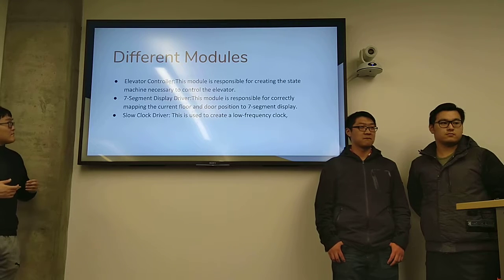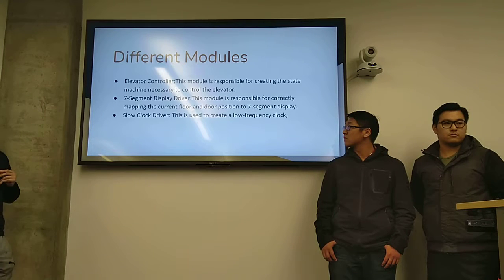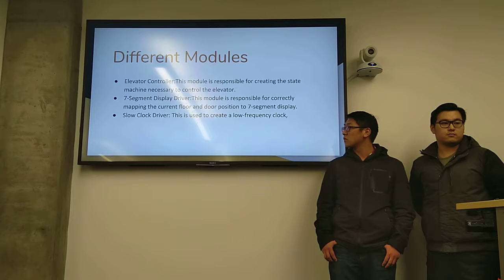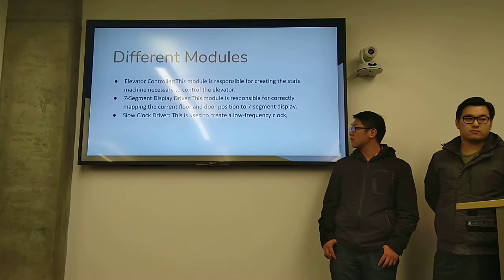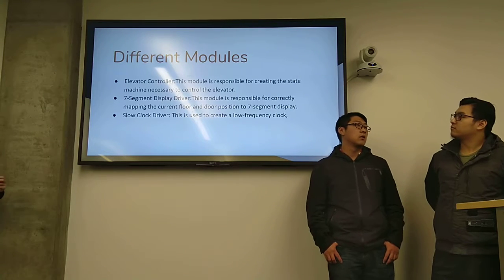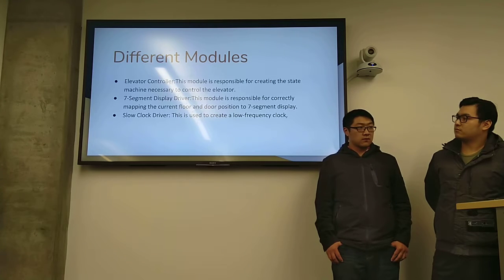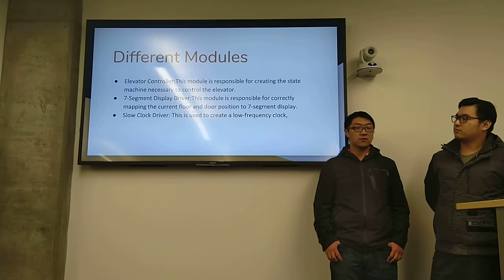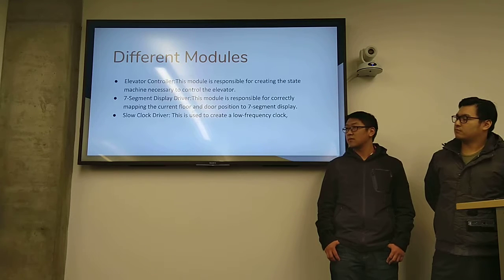The second thing is that we need a driver to display the 7-segment. Actually, 7-segment programming is a very popular problem with logic gates, and I think a lot of people may have seen it. With the 7-segment display, if we just want to show the number 1, we just show the two rightmost segments.